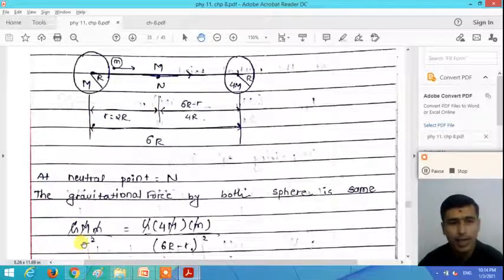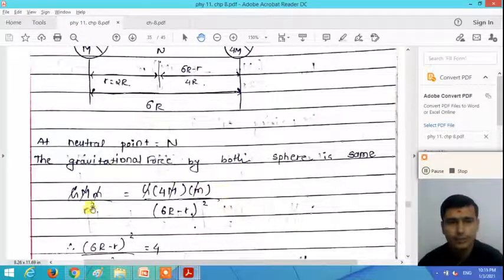This is equal to the gravitational force on the object due to the large sphere of mass 4m, that is G, 4m, small m, divided by the distance squared. The total center to center separation is 6r, so the distance is (6r minus r) whole squared.